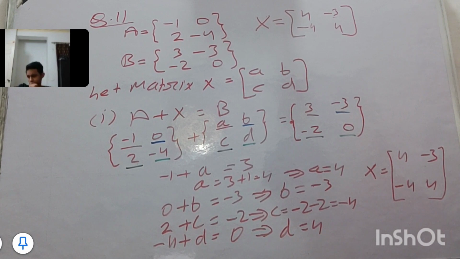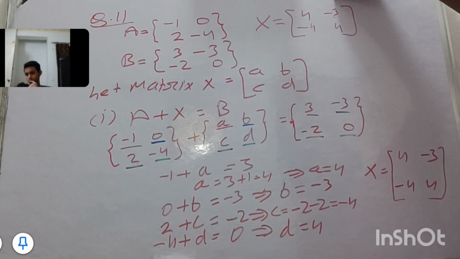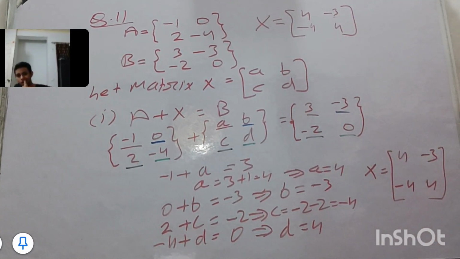We put the values in the matrix X, and then we get X is equal to 4, -3, -4, and 4. So this was part 1 of question number 11.